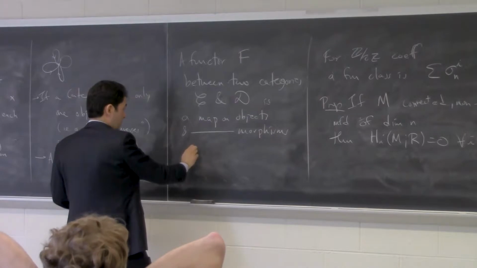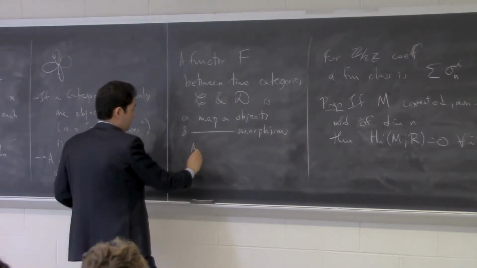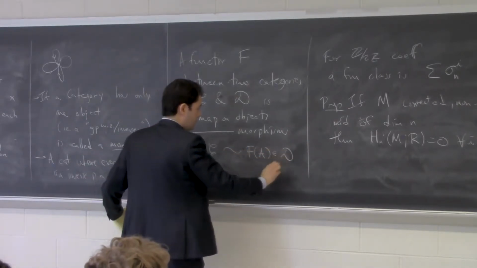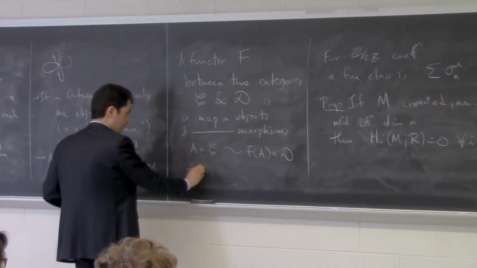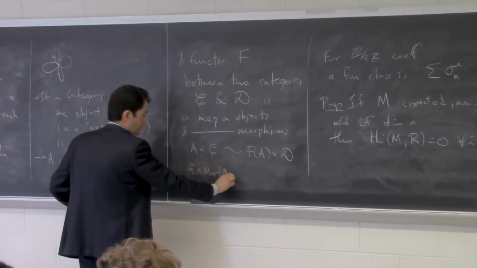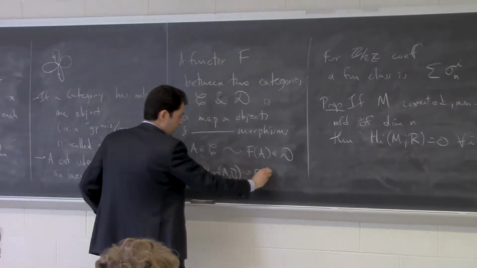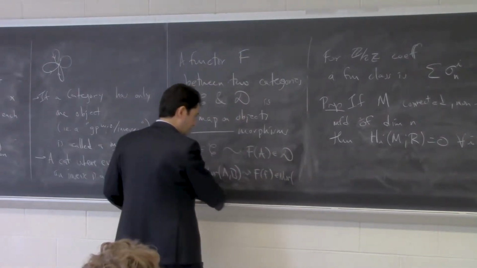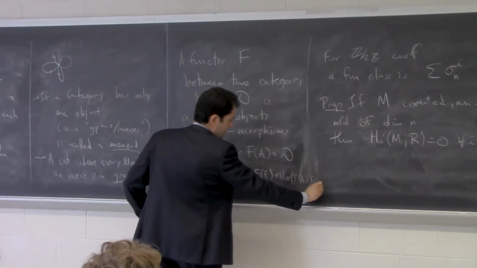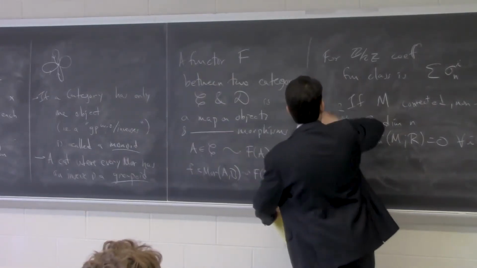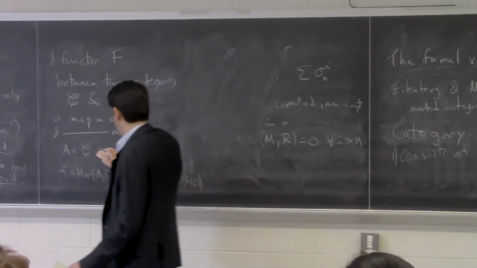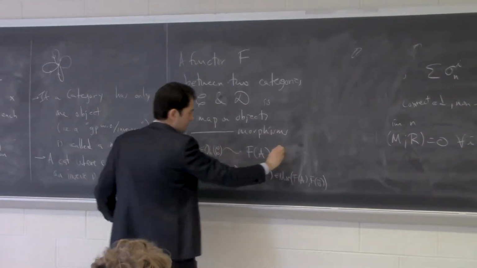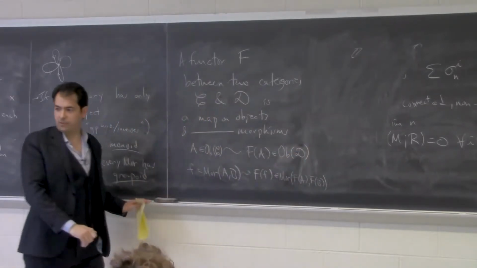Given A in C, we get F of A in D, and given f in the morphisms between A and B, we get F of f in the morphisms between F of A and F of B. Should A be an object? It should, thank you.